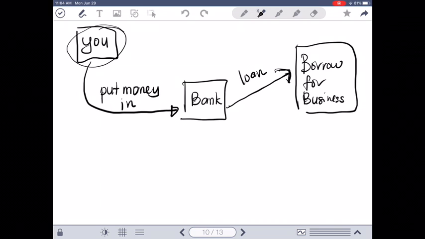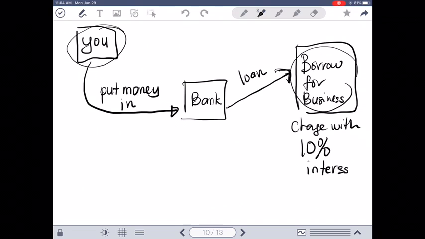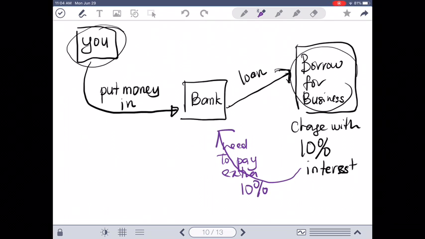The bank doesn't have the money itself, they just use your money, and they charge this person maybe 10% interest, which means that when the borrower pays the bank back, they need to pay an extra 10%.